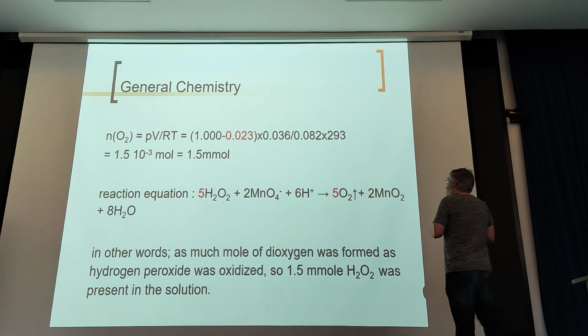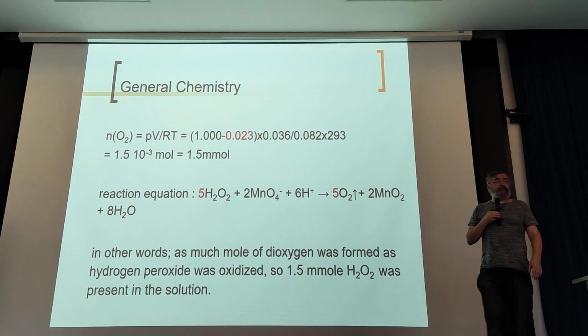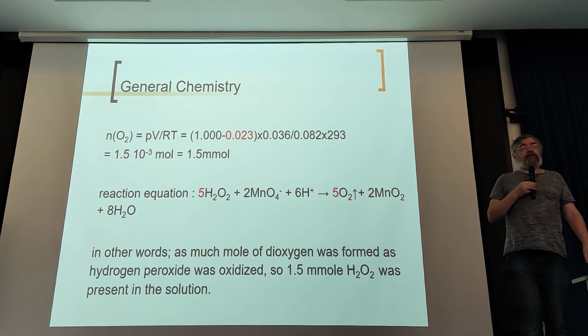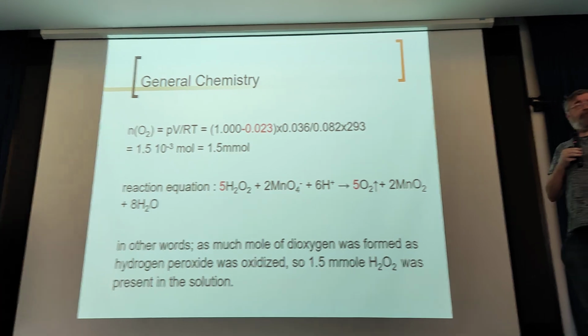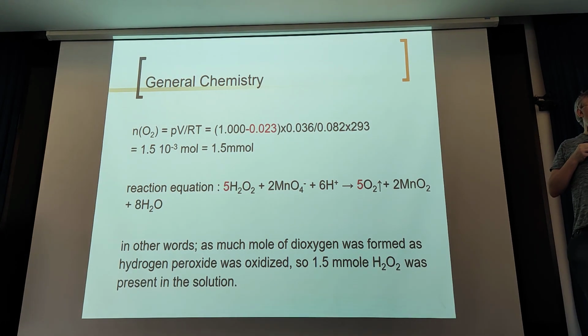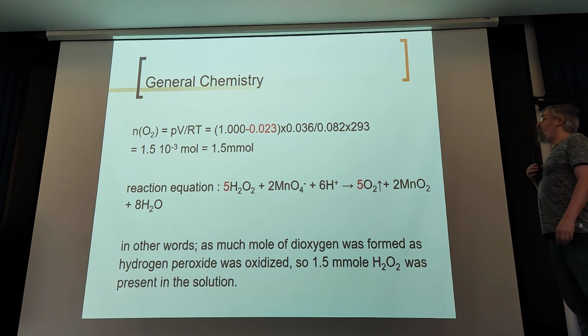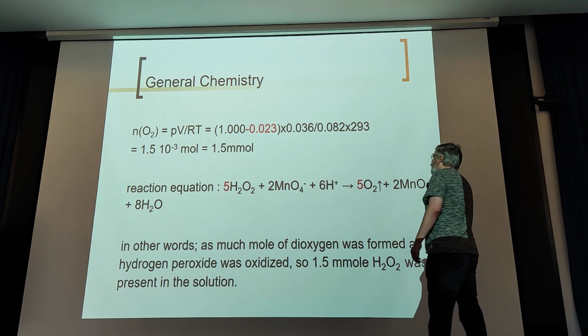Now we knew that we have 36 milliliters of gas that we obtained. So we can do a calculation. The amount n of molecules is PV divided by RT.